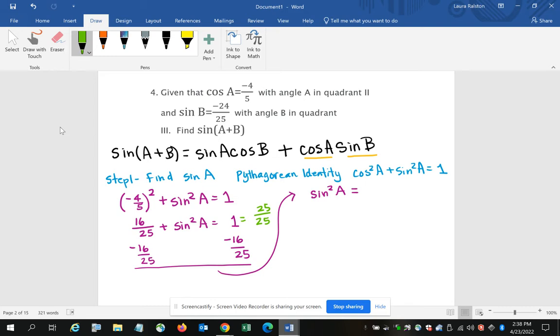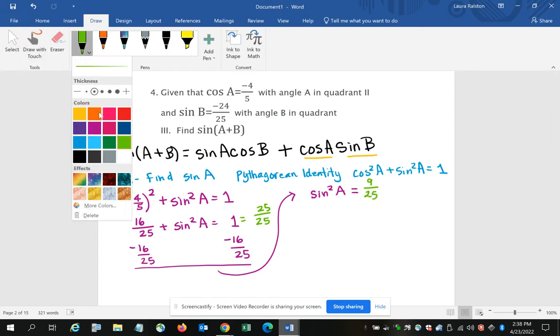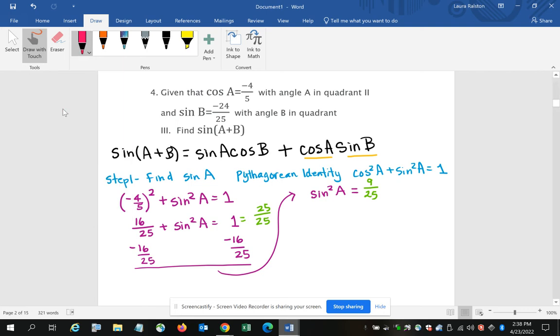So 25 minus 16 is 9 over 25. But that represents sine squared. So then I need to take the square root, and when you take the square root, it could be positive or negative. So I have the sine of A equals the square root of 9, which is 3, over the square root of 25, which is 5.